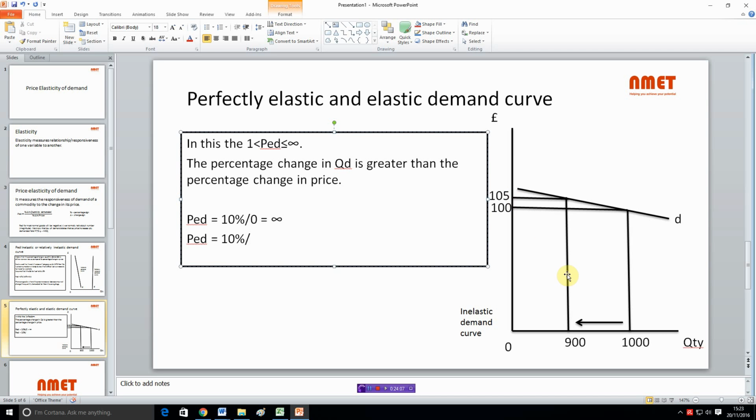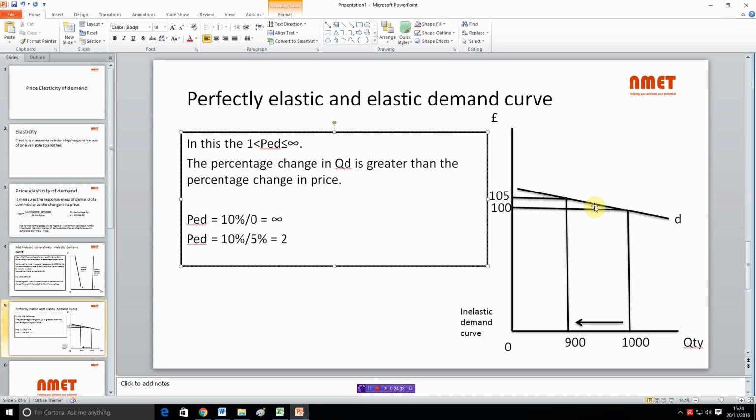Because the price went up, the quantity demanded reduced. How much has the price gone up by? 5%. 10% divided by 5% is 2. The percentages cancel, so PED is just in individual units. So this is 2.